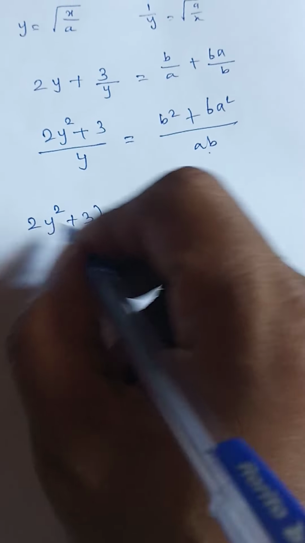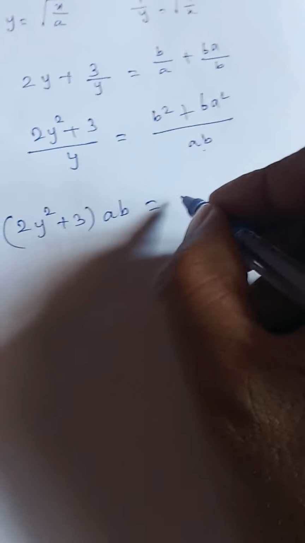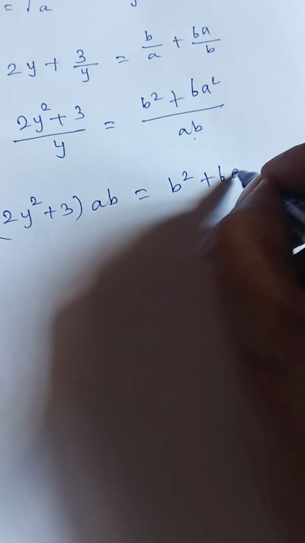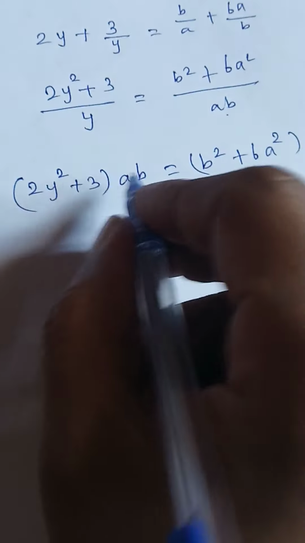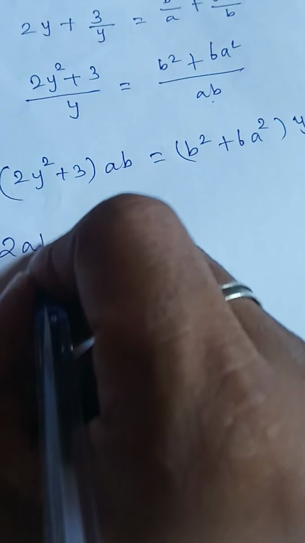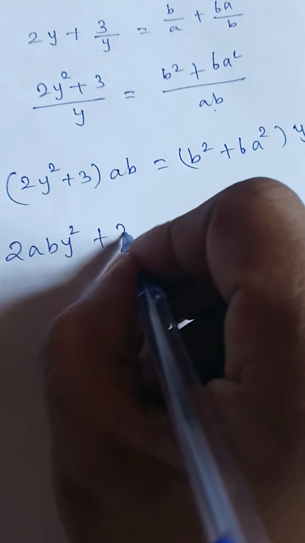Then 2y square plus 3 into ab is equal to b square plus 6a square into y. Next, multiply inside: 2ab y square plus 3ab is equal to b square into y plus 6a square into y.